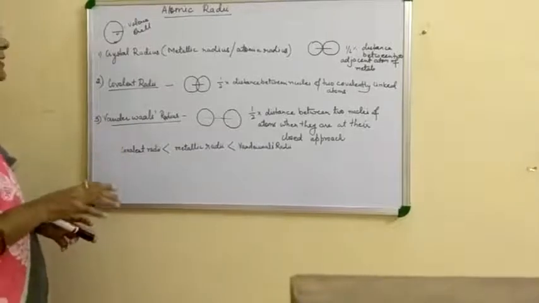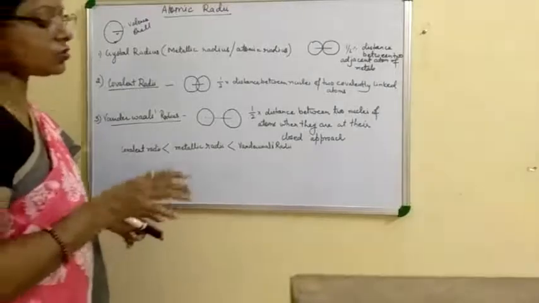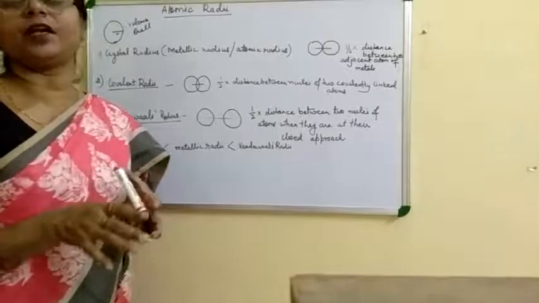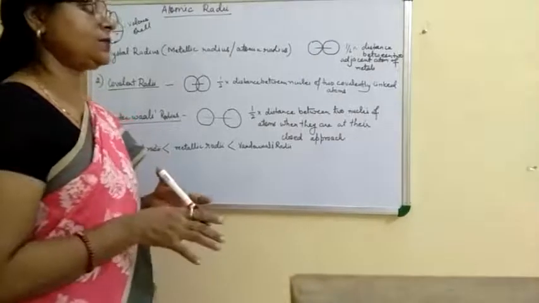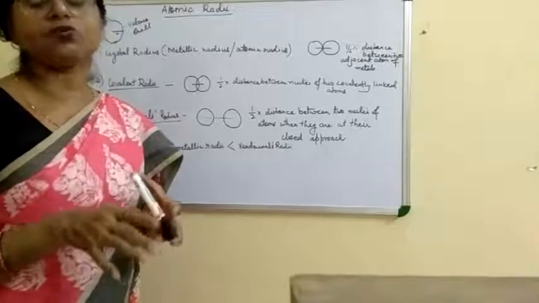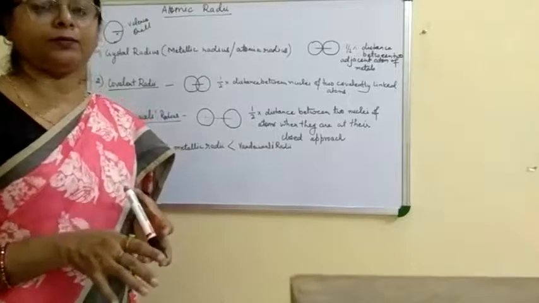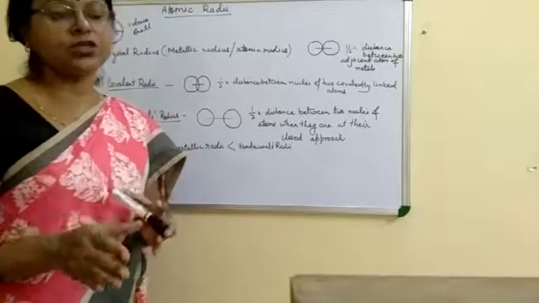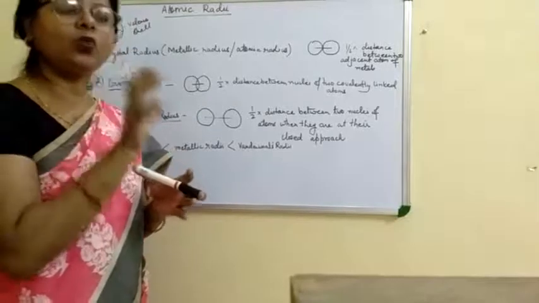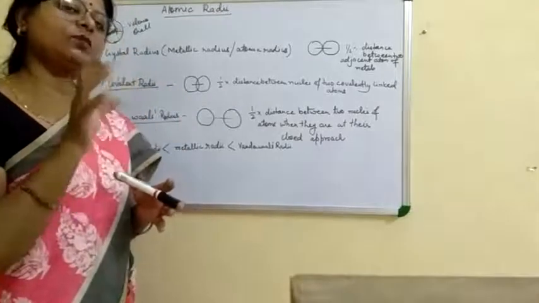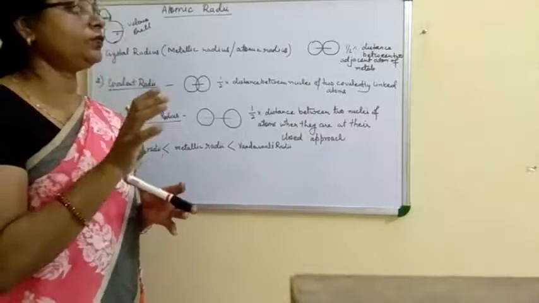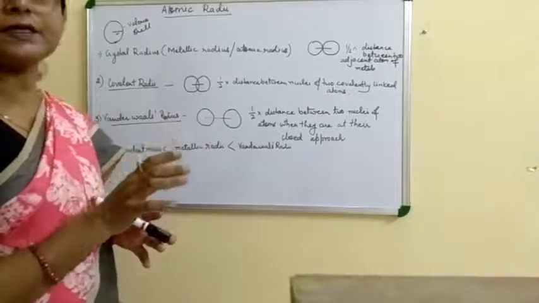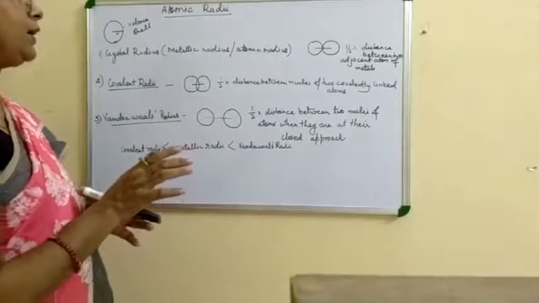So the crystal radius of a metal is half of the distance between the two adjacent metallic atoms. Means in a crystal lattice, when the atoms are arranged, half of the distance between the nuclei of the two adjacent atoms is known as crystal radii or metallic radius.